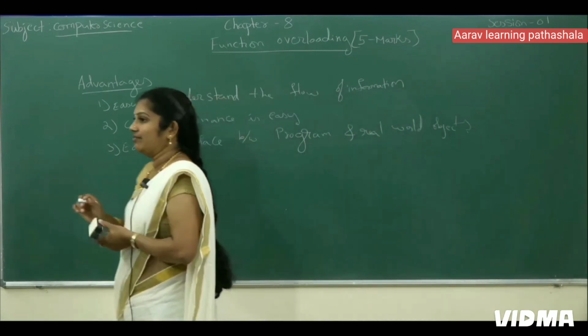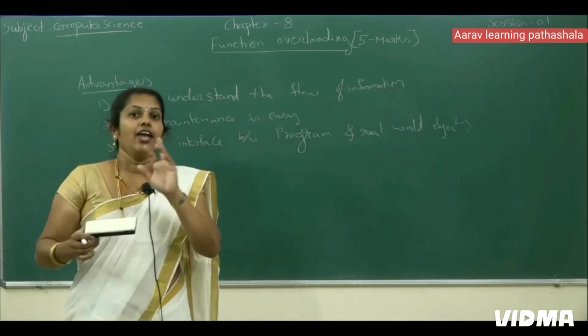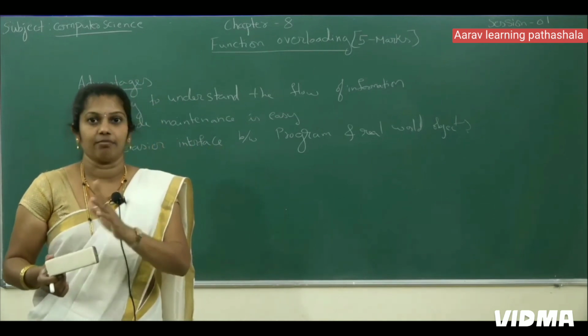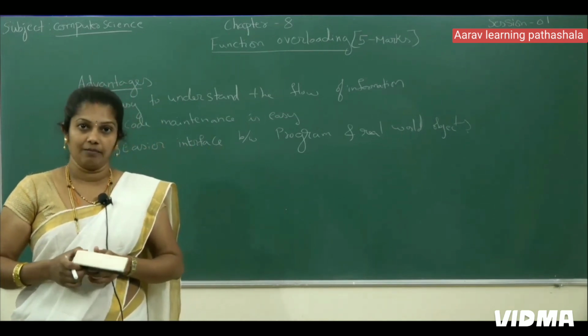Then what are the disadvantages you will get? If the number of arguments is the same and the data type is also the same, then it will not work properly.